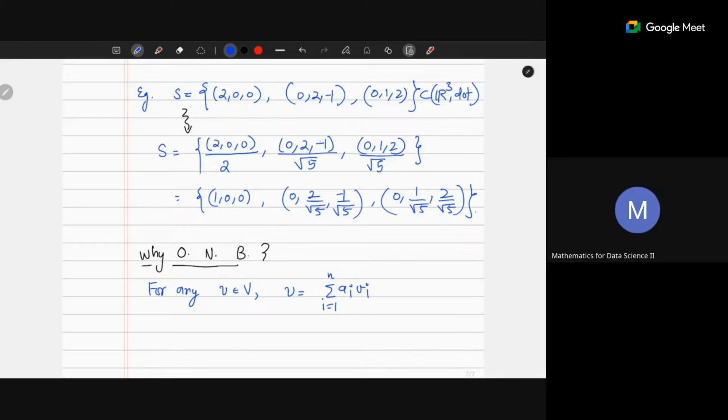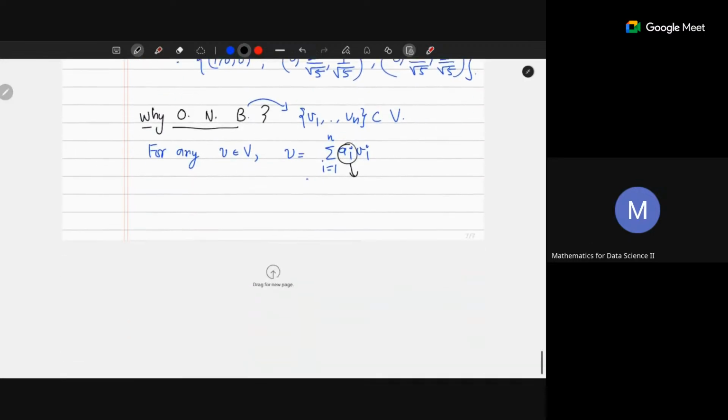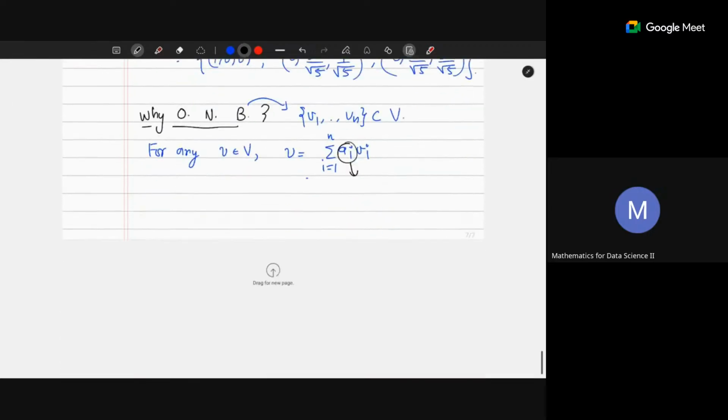Suppose you have an orthonormal basis given by V1 up to Vn, then you can express any vector in terms of a linear combination of these V's. We know that we can express it, but we don't know what those ai are. In order to find those ai, in the case of an orthonormal basis, it is much simpler.